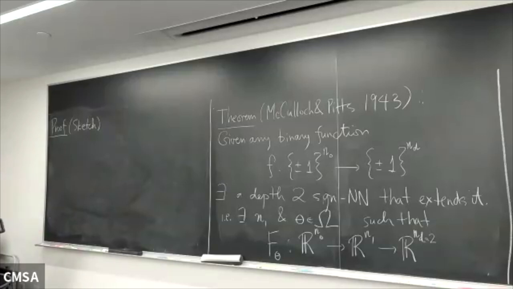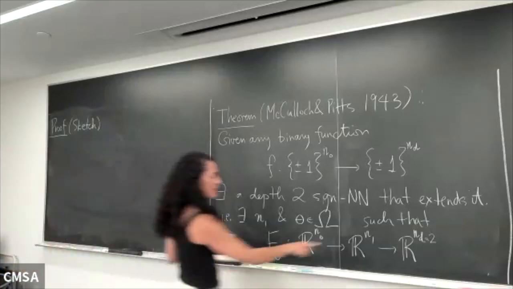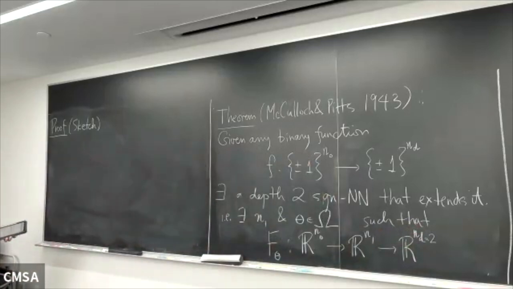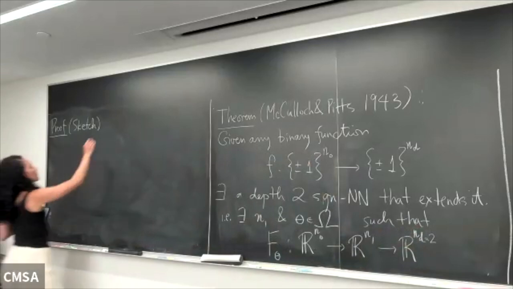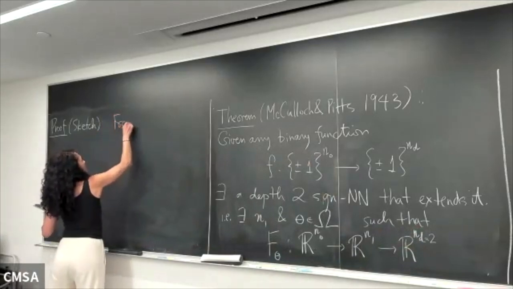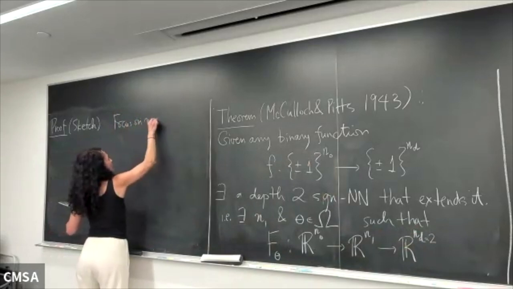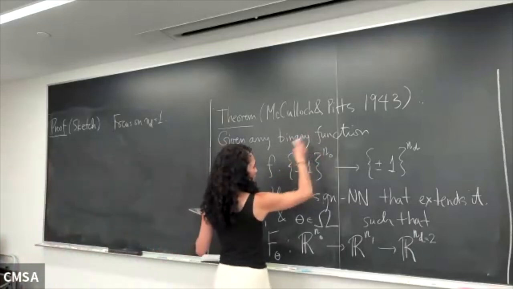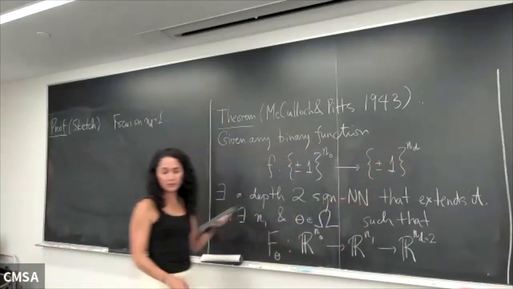So actually, I'm going to focus on n_d equals 1, where the output dimension is 1, just because it's not so hard to increase the output dimension by stacking things up. I'll say more about that if I have time. So we're just talking about binary functions from some higher dimensional binary space to 1-dimensional.